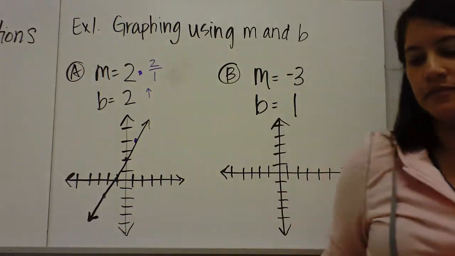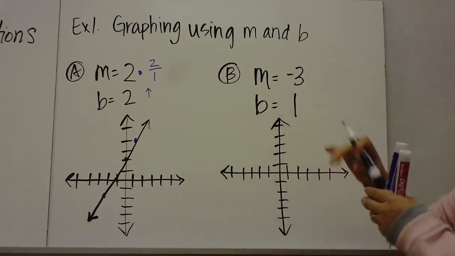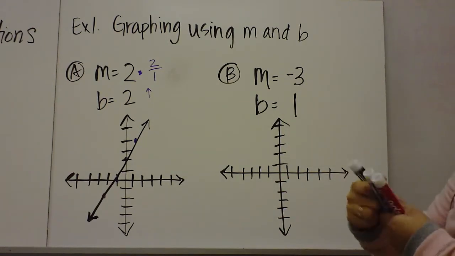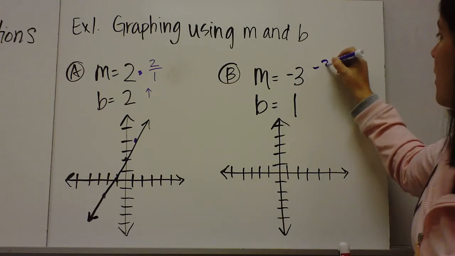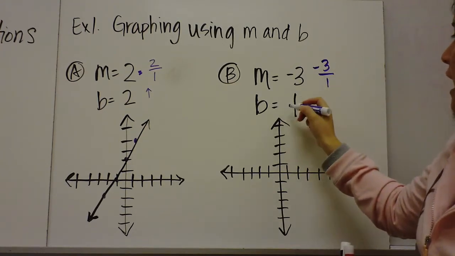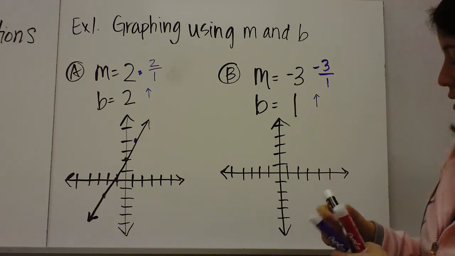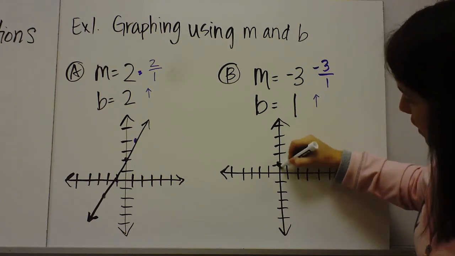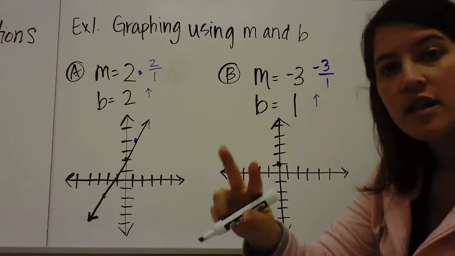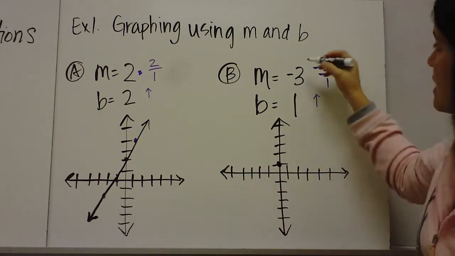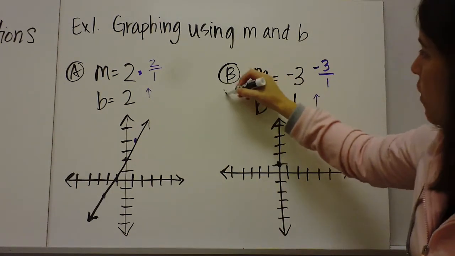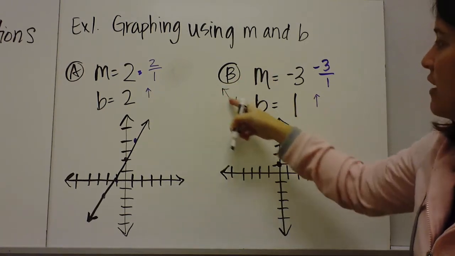Let me show you how to do B. My slope is negative 3, which really means negative 3 over 1. And my y-intercept is 1, so it's going to be up 1. So I go up 1 and I put a dot. That's step 1. Step 2 is we use our slope. So this is negative, so we want a negative line.